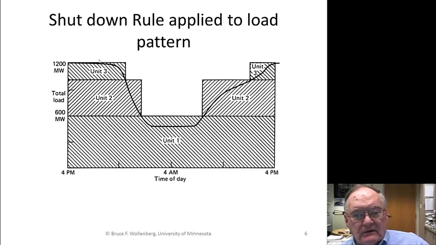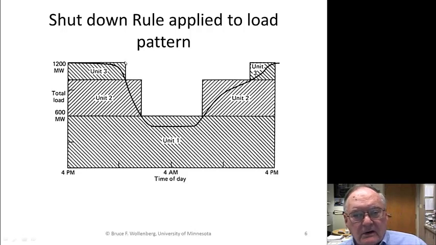And it looks like this. Here's my load, the curved line. So number 2 has to stay on, number 3 has to stay on here, as well as number 2 and number 1. So here's number 1. It's the crosshatch down here. Here's number 2 over in here, and here's number 3.